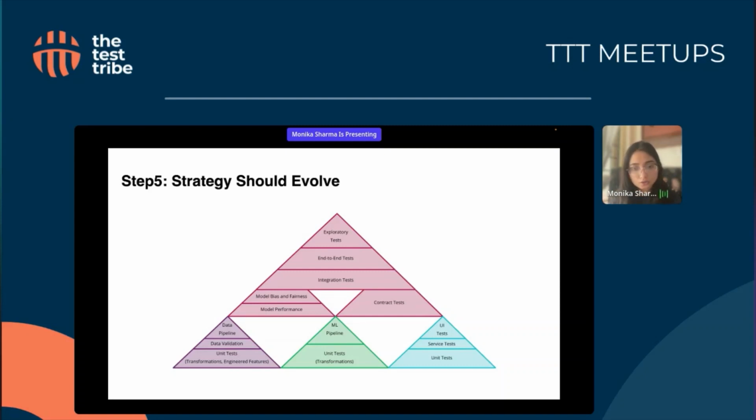It should also include contract test and other tests around model bias, model related UI, AI/ML model related tests. So the crux of this is that it should evolve as and when we make changes or introduce new components in the architecture.